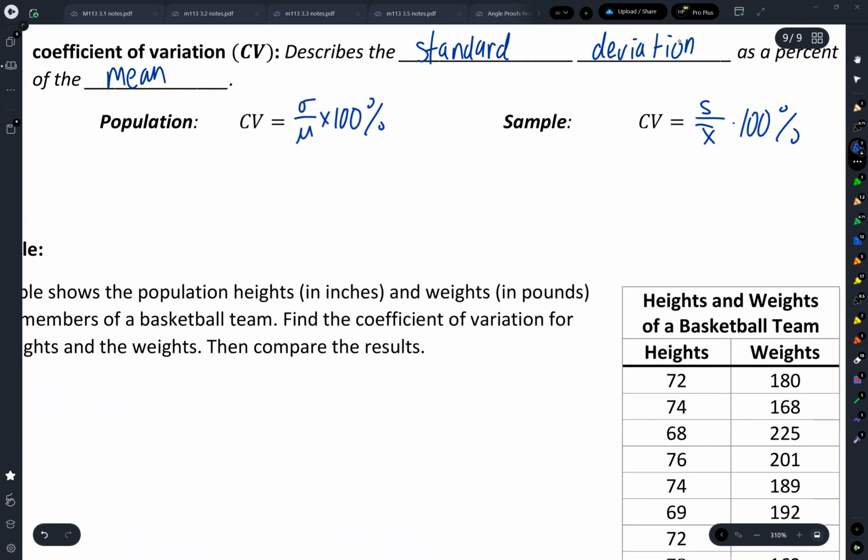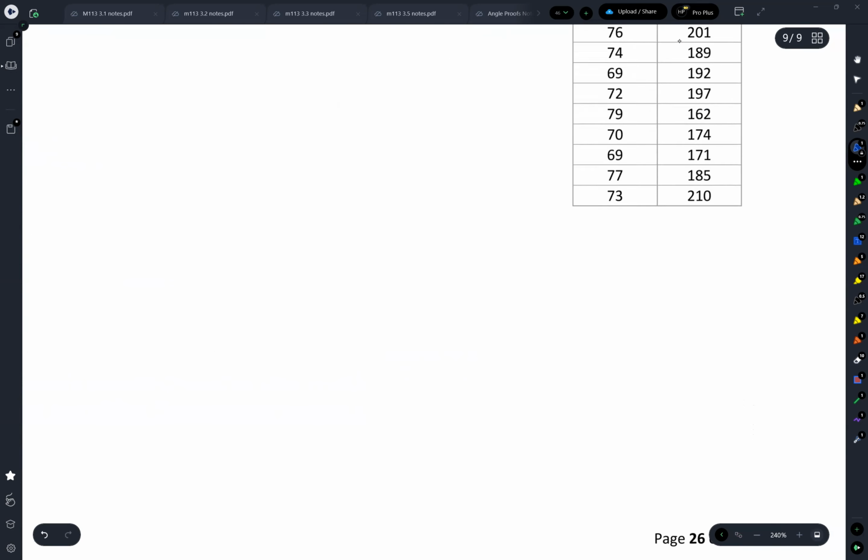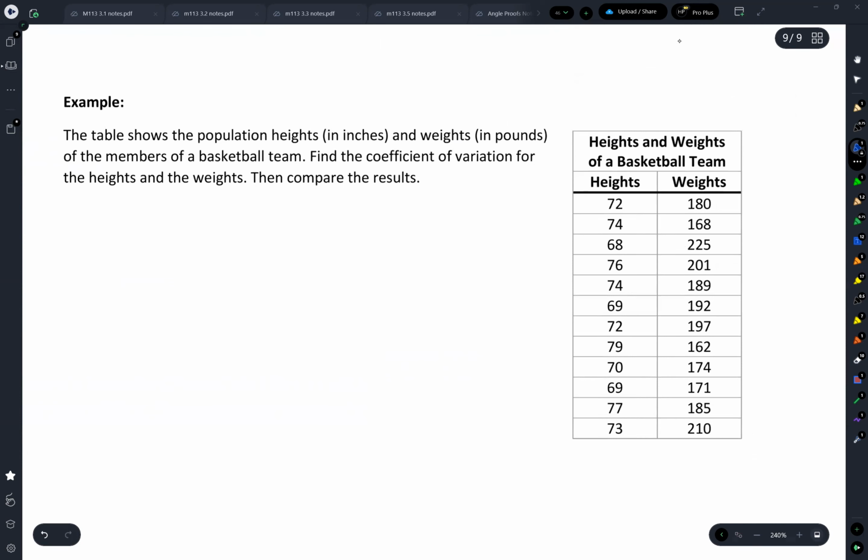Okay, so for our example here, our last part says this table shows the population heights in inches and weights in pounds of the members of a basketball team. Find the coefficient of variation for the heights and weights, then compare the results.